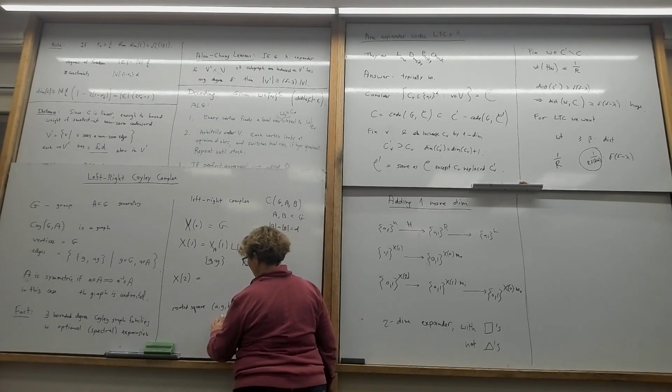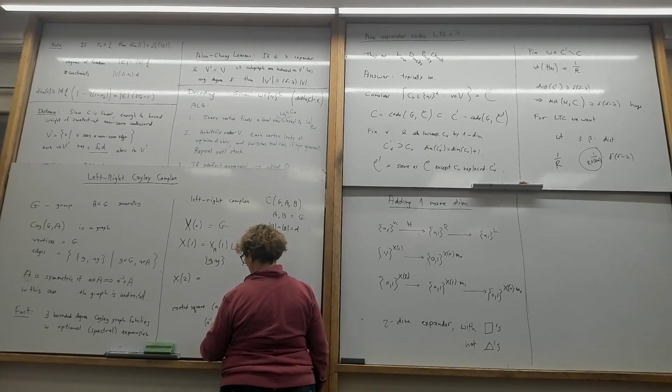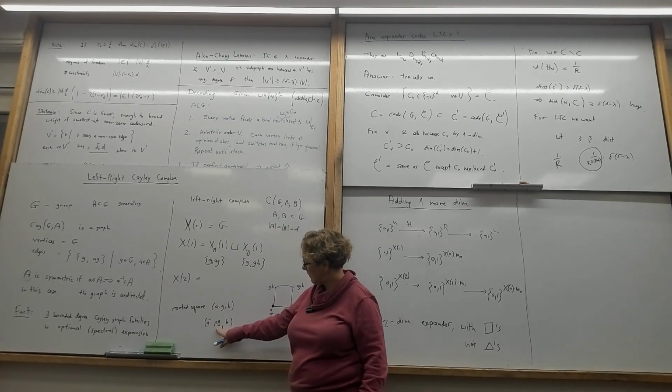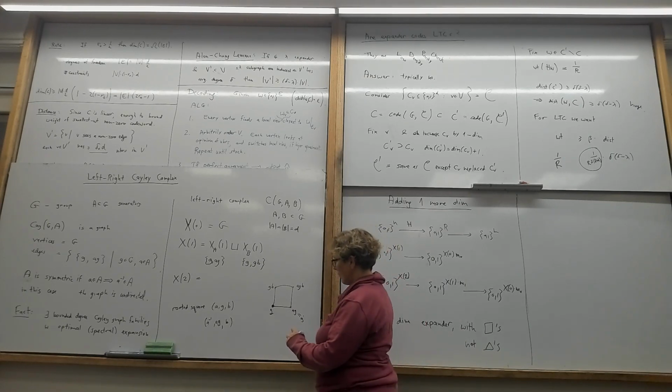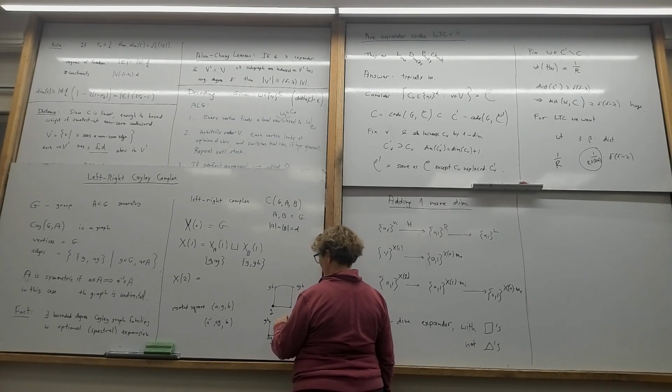So I'm going to, let me just call it a g, a inverse, and b. So for example, what is this cycle? It's the cycle where I start from ag. I can either go to ag times b, or I can go to ag times a inverse, which is g, or I can go to gb.